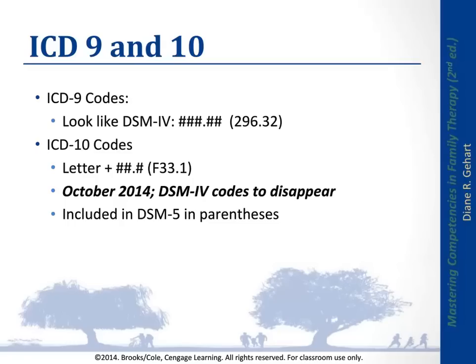They're in gray letters in parentheses after all of the ICD-9 codes. So come October 2014, you can still pull out your DSM-5 and you will have the correct codes, but just know at that point you'll be using these alphanumeric codes that have a letter, then 2 digits, a point, and usually 1 digit. Sometimes you'll get a couple more digits after that. And that's what the new codes are going to look like in October 2014.